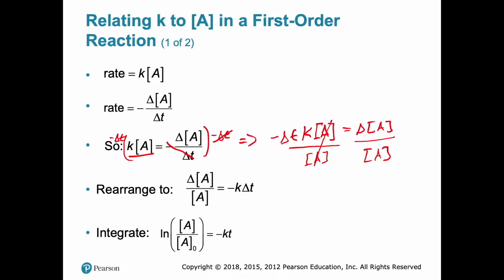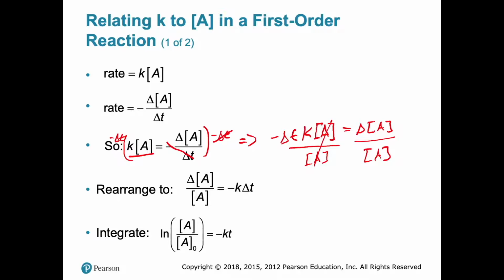Okay, so we cancel that out, and now we get this equation here. And now we have to do an integral. Does anybody remember how to do an integral? When we get this here, we need to integrate this by taking the natural log of this.